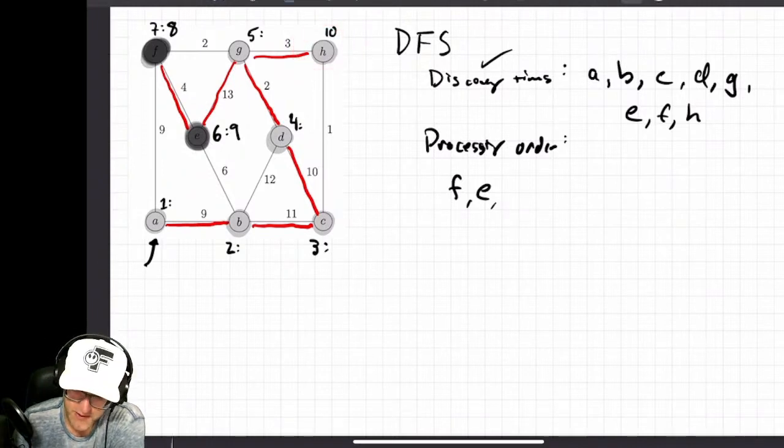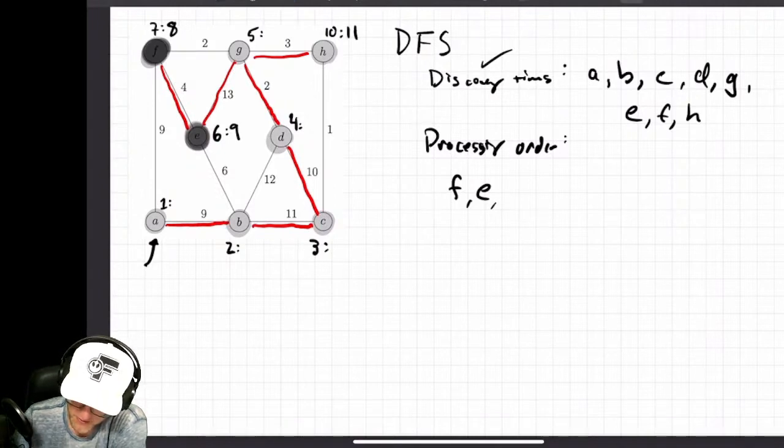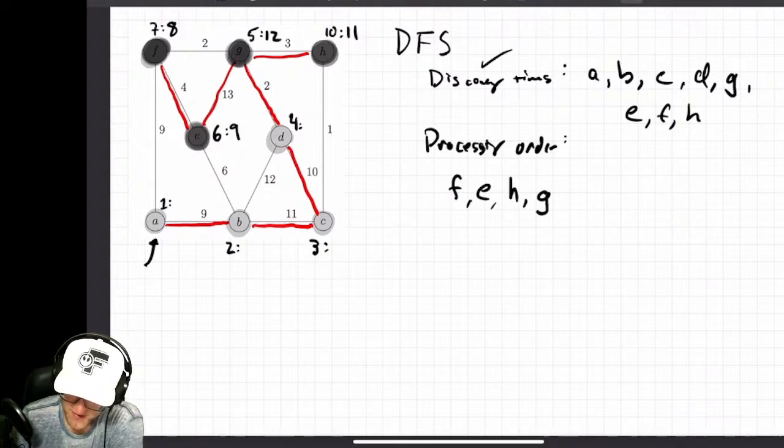So again, we start backtracking here, and H has now been completed, and we highlight it black. There, done. We backtrack to G, and its neighborhood has been completely explored. I keep making that same mistake. Let's just go with it. All right, it's been explored.